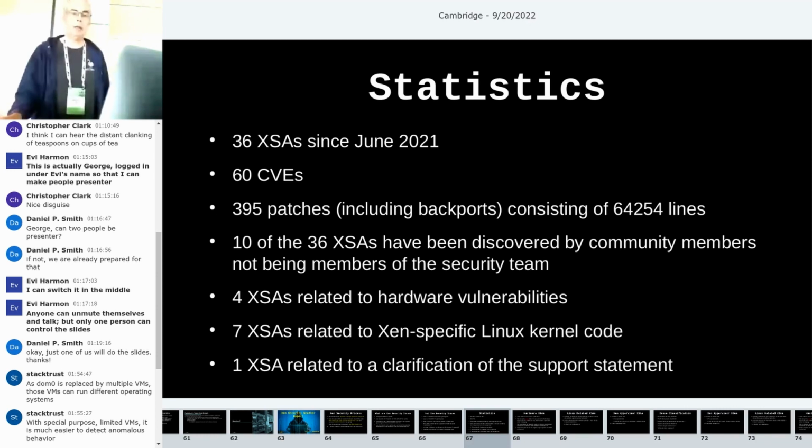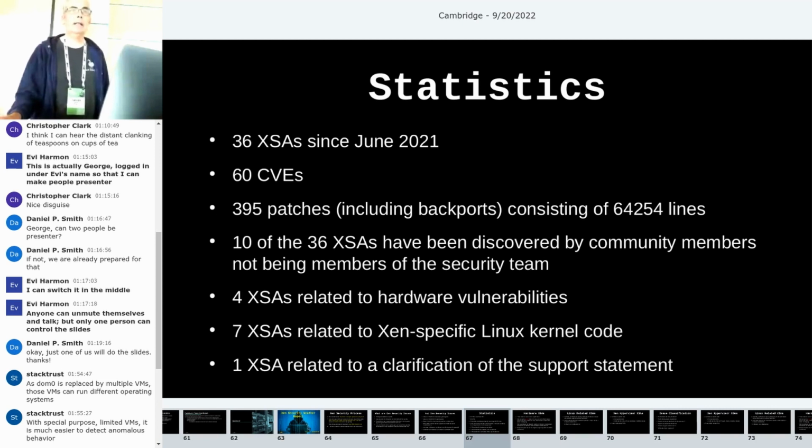7 of the XSAs were related to Xen-specific Linux kernel code. So we are covering not only the Xen hypervisor, but Xen-related code in other products might be covered as well. For example, the Linux kernel, QEMU might be another case.